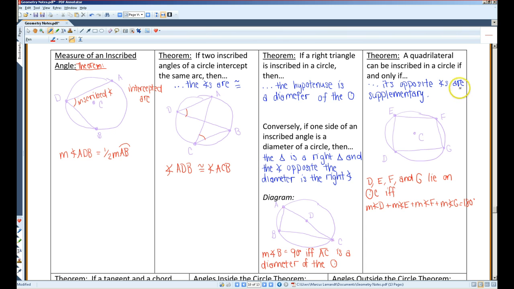Only certain quadrilaterals can be inscribed in a circle. A quadrilateral can be inscribed in a circle if and only if its opposite angles are supplementary.